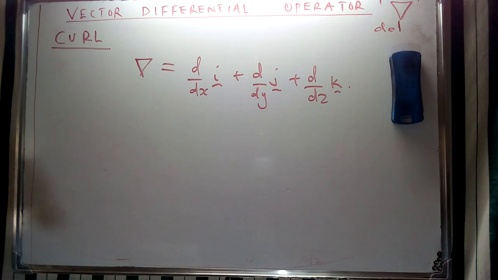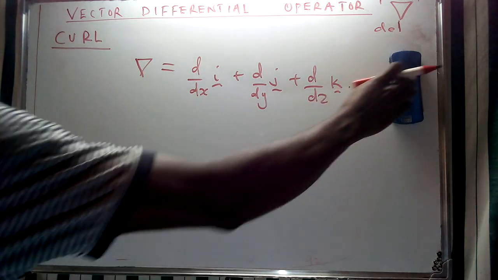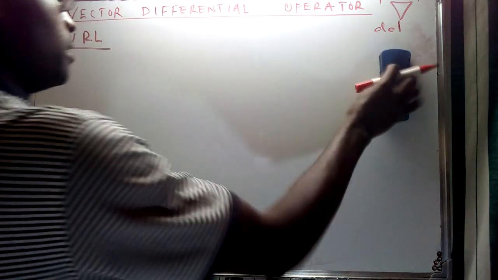Now we're going to assume that we have what we refer to as a unique function that can be represented using the letter v.